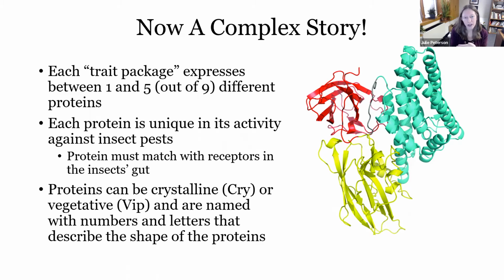But cry or VIP is the first part of the name of the protein. And then there'll also be some numbers and letters, and those are describing the shape of the protein itself. So each BT protein has 3 different regions, and that's how those different numbers and letters come about, they're describing the shape of each of those 3 different regions of the protein.